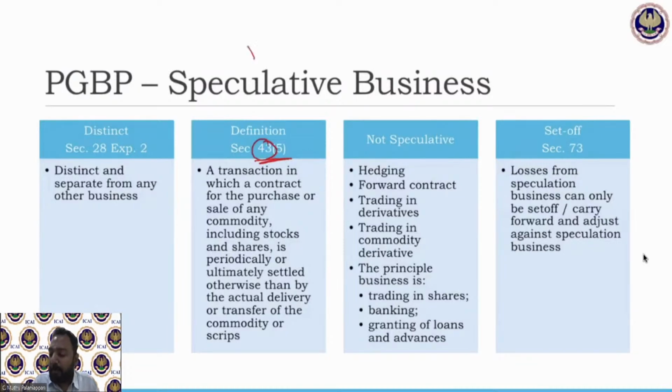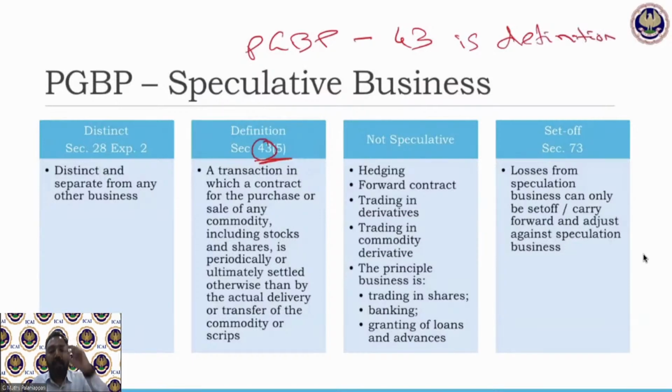So for PGBP, section 43 is definition section. So any specific definition for PGBP will be defined in the section called 43. So 43 is a definition section for the terms used in PGBP, which would not have been defined elsewhere. So that's what you call it as definition section for PGBP.